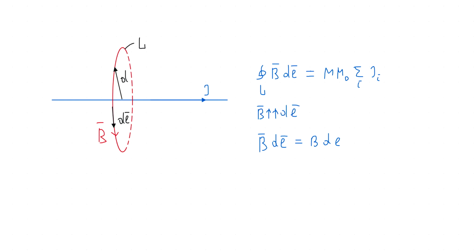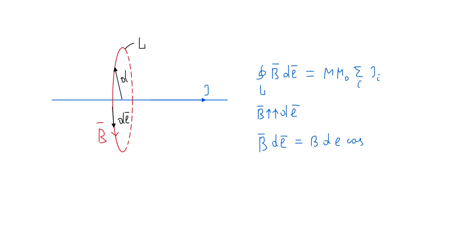And here, according to the definition of the scalar product of vectors, we have the absolute value of b, the absolute value of dl, or modulus, times cosine. Here we have cosine, and what angle?